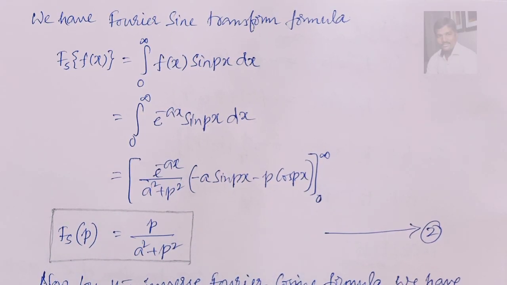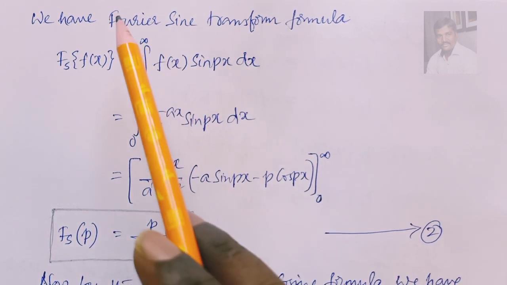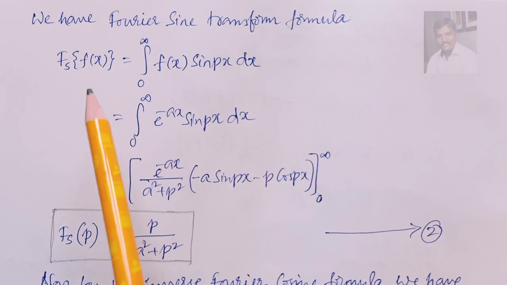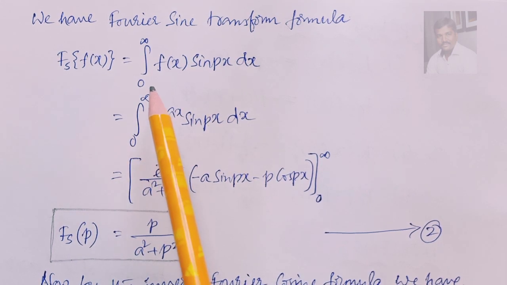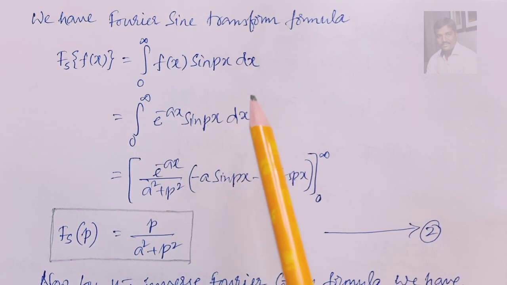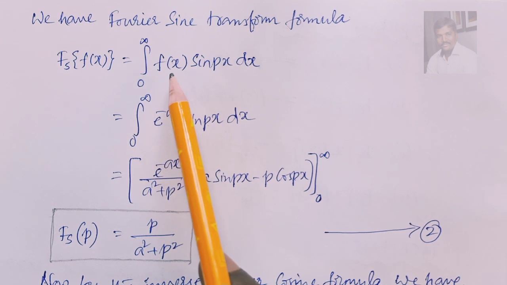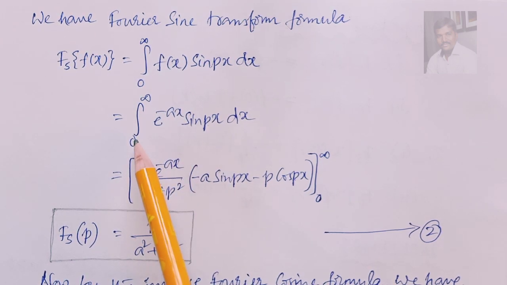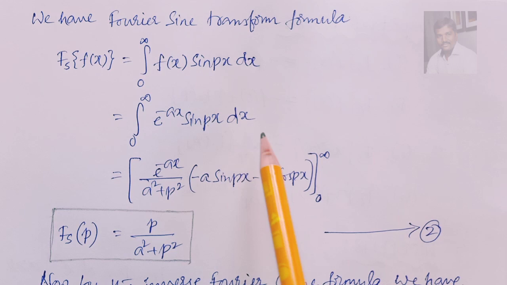Now similarly we have to find the Fourier sine transform. Here we have the Fourier sine transform formula: Fs of f(x) is equal to the integral from 0 to infinity of f(x) sin px dx. Since f(x) is e^(-ax), we have the integral from 0 to infinity of e^(-ax) sin px dx.